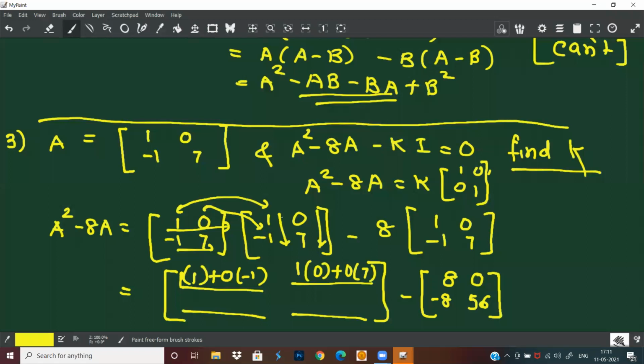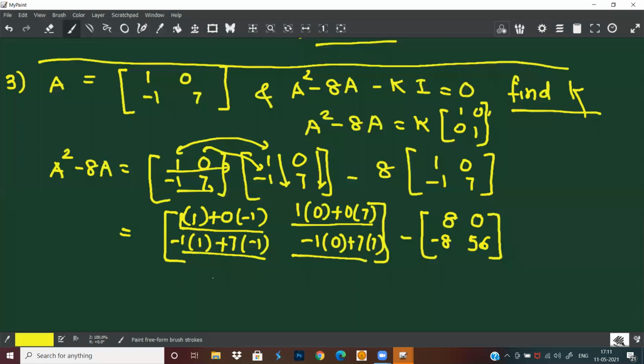Shreya, absolutely correct. K is minus 1 into 1. 7 into minus 1 and minus 1 into 0 plus 7 into 7. Minus 1 minus 7.